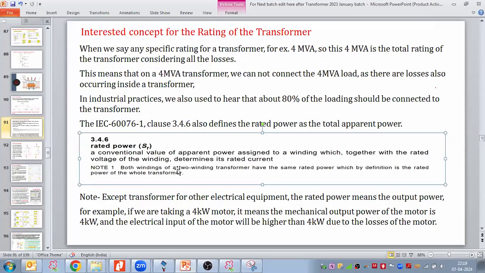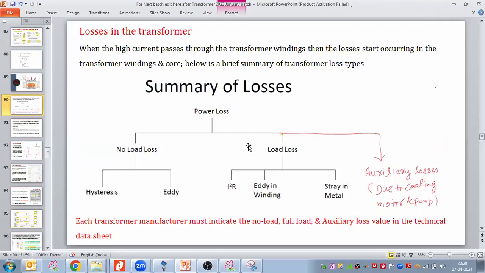So the voltage determines the current, and the apparent power should be the rated power of the transformer. It means when we say any specific rating of a transformer, for example 4 MVA, 2 MVA or 3 MVA, this 4 MVA is the total rating of the transformer considering all the losses occurring in the transformer.